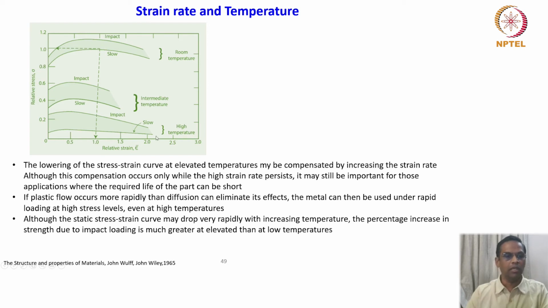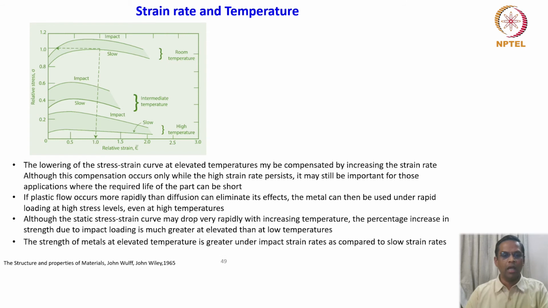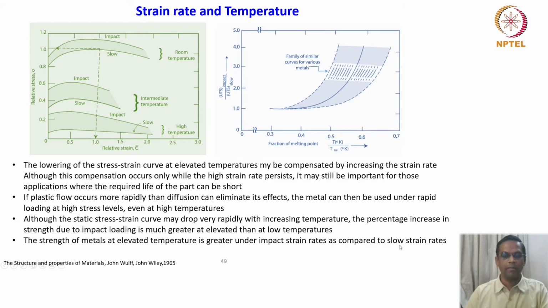So this is one nice piece of information which predicts in one plot the effect of strain rate and temperature in a polycrystalline material. The strength of metal at elevated temperature is greater under impact strain rate as compared to low strain rates.